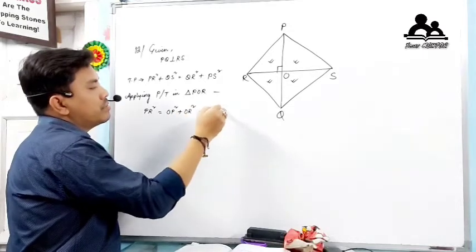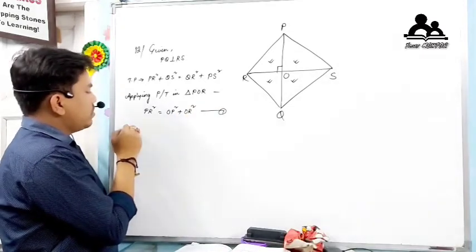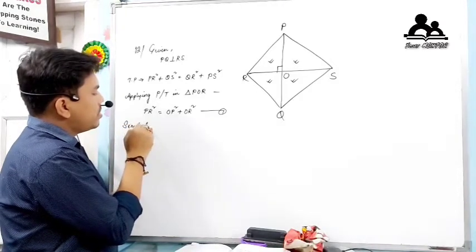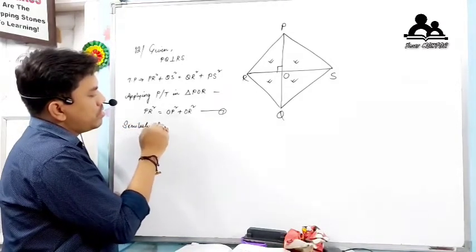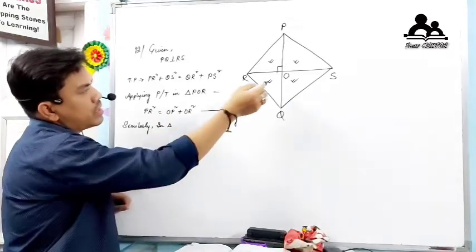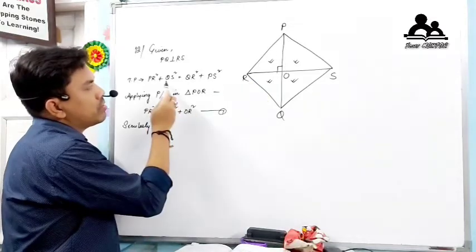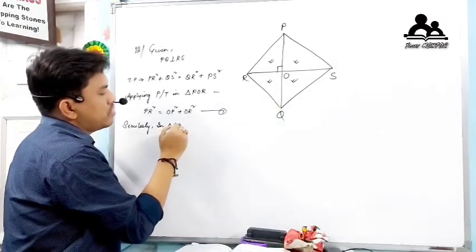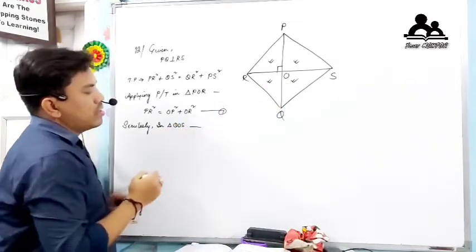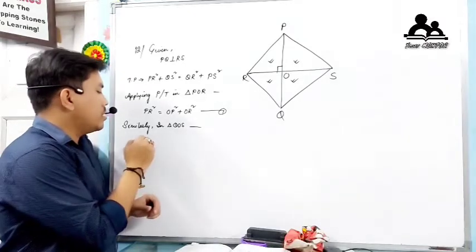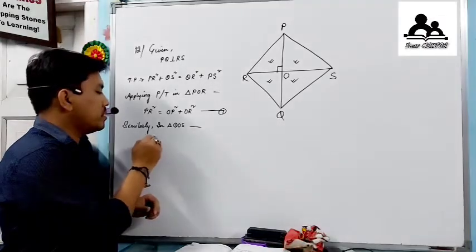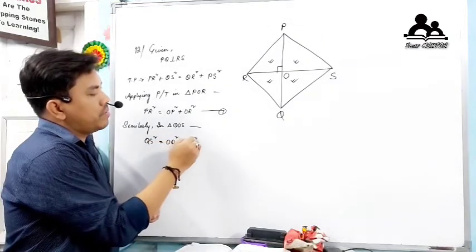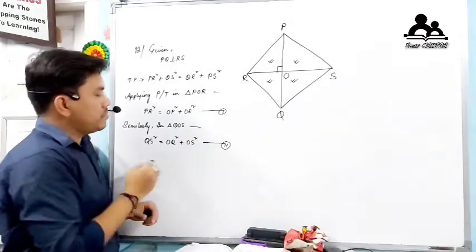Let this be equation 1. Similarly, the next triangle is QOS. In triangle QOS, QS square will be equal to OQ square plus OS square. That is equation 2.